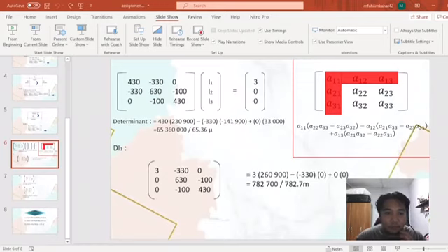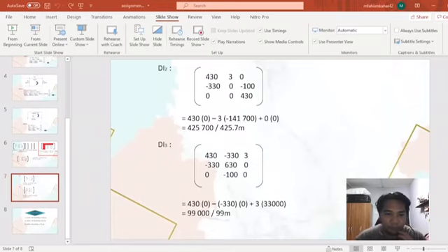The next step is to find the determinant of each mesh current. To find the determinant of each mesh current, we need to replace a column of the 3 by 3 matrix with the answer matrix. For example, for the determinant of mesh current 1, we replace column 1 of the 3 by 3 matrix with the answer matrix, then apply the determinant formula. For mesh current 2, we do the same, replacing the column with the answer matrix.